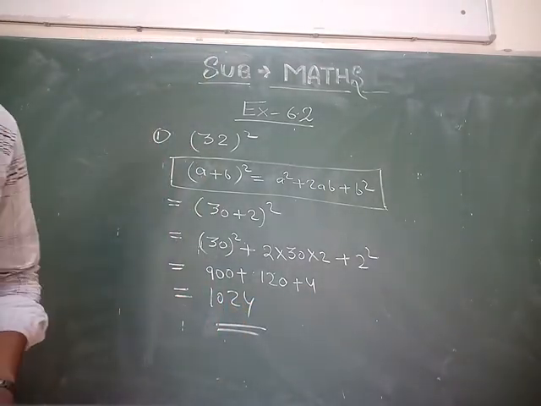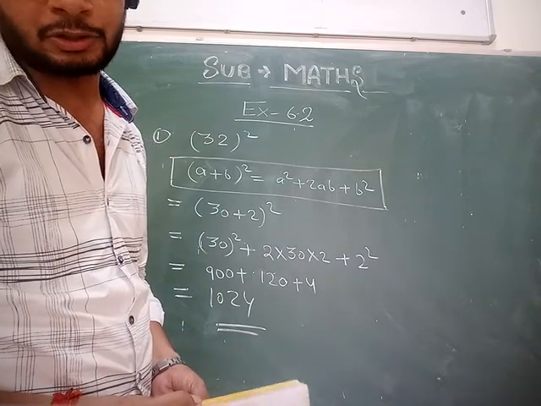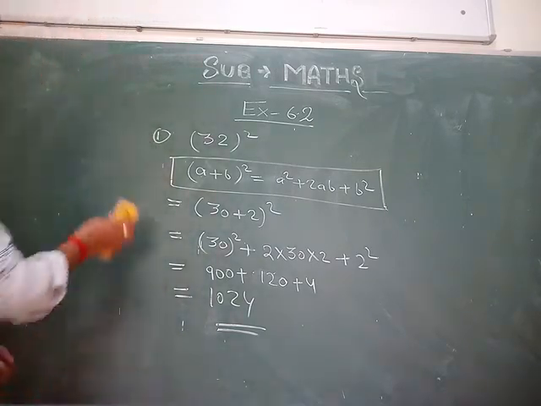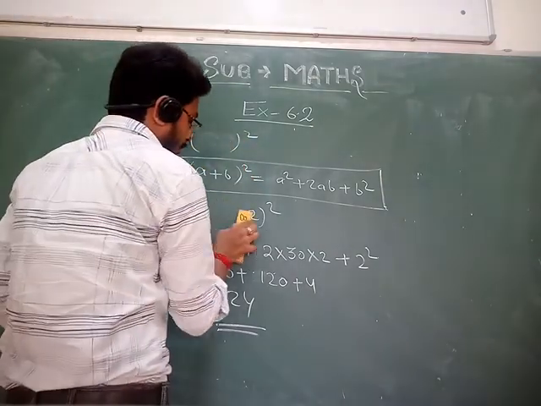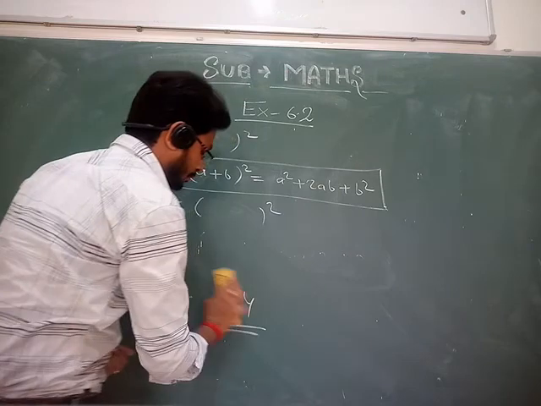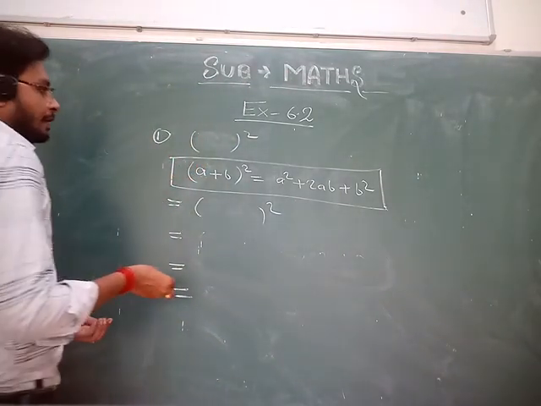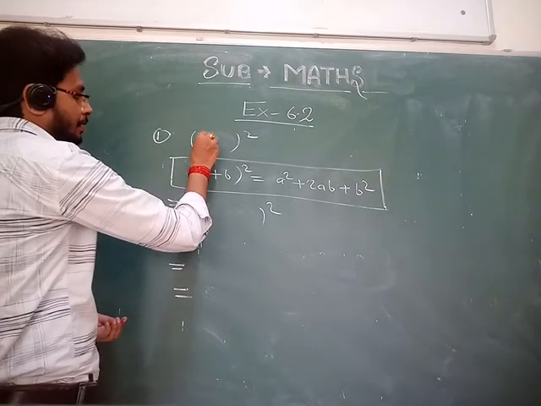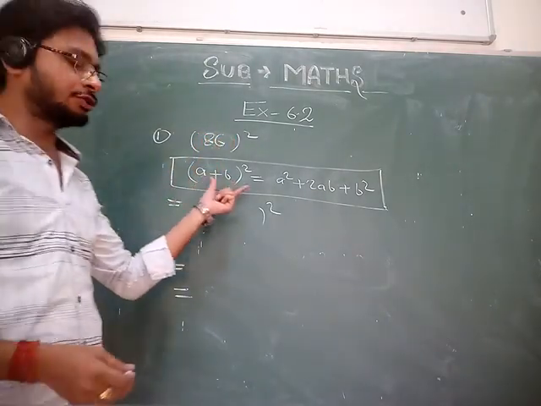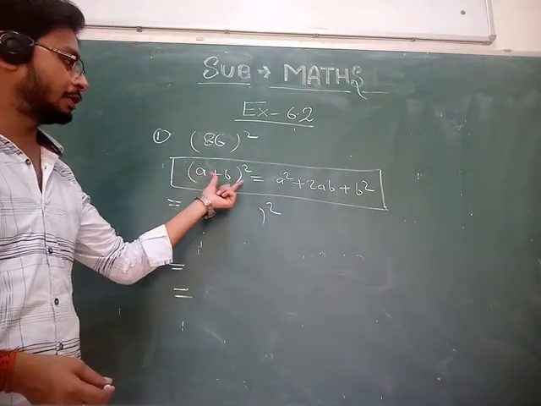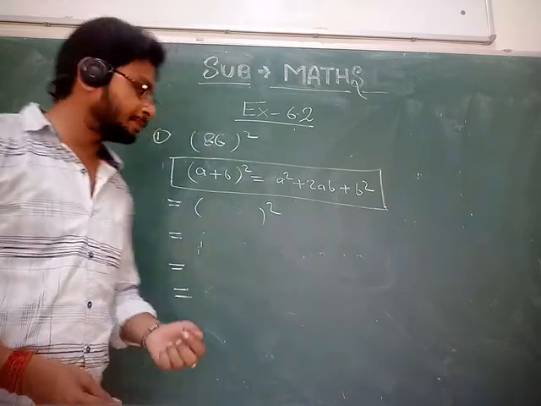Now take the second question, that is, you have to find the square of 86. By this method you can find the square of 86 also. You will write 86 and then use this identity: a plus b whole square is equal to a square plus 2ab plus b square.